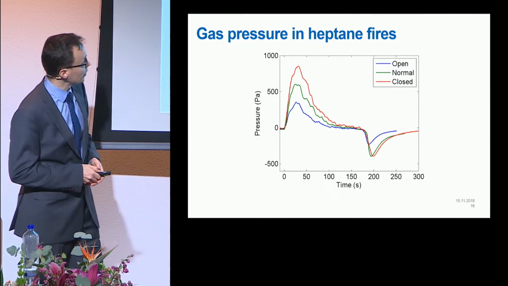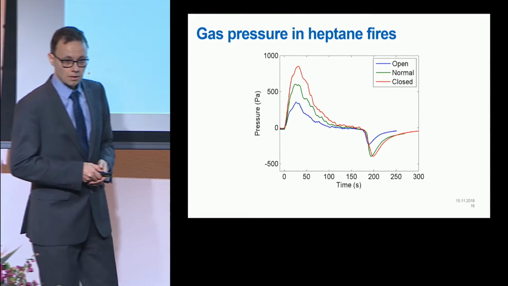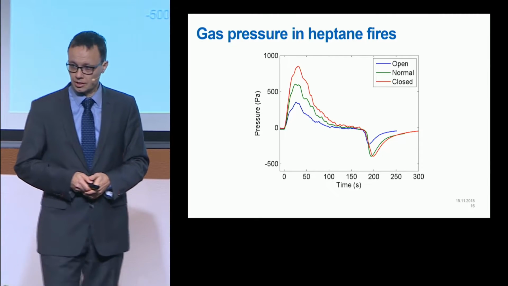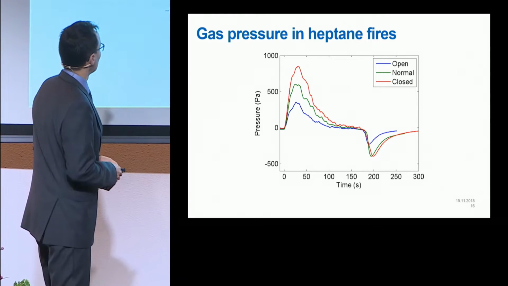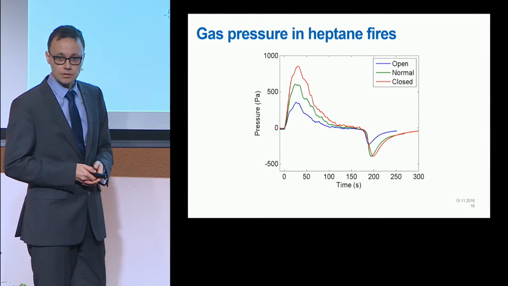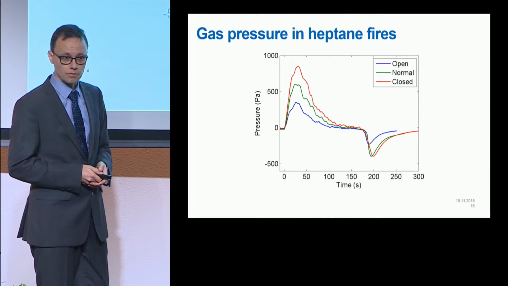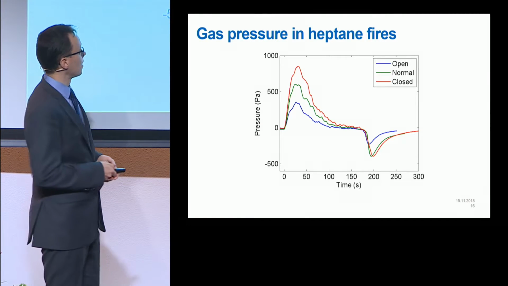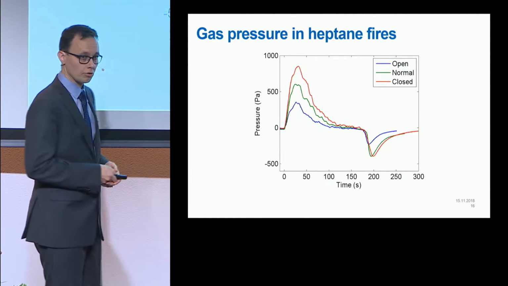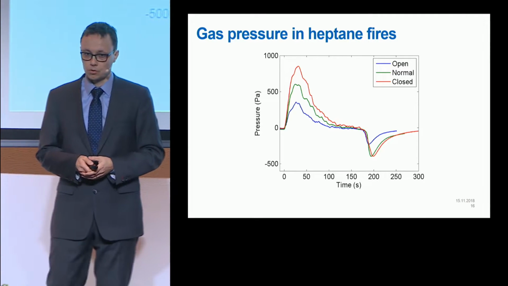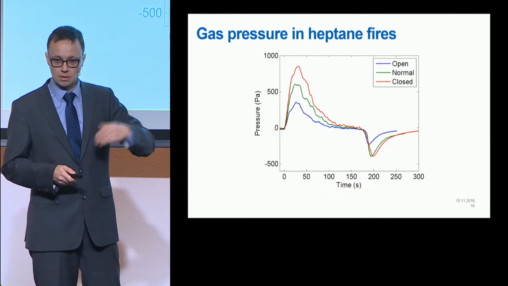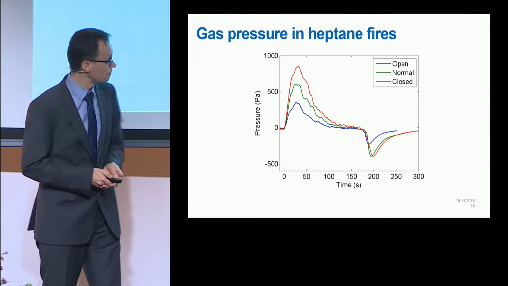Okay, here are pressures inside the apartment in the heptane pool fires, in the 3 different configurations of the ventilation. Each curve is an average of 2 or 3 repeated experiments.